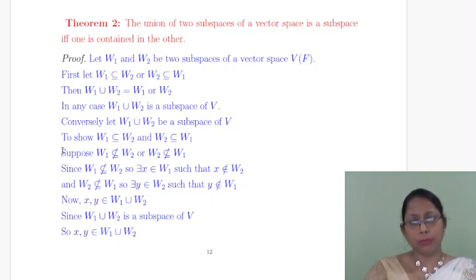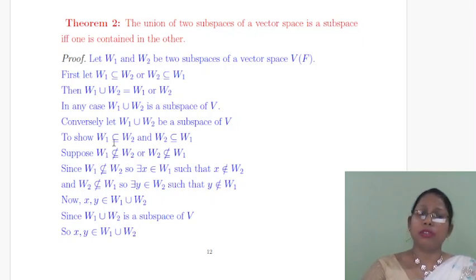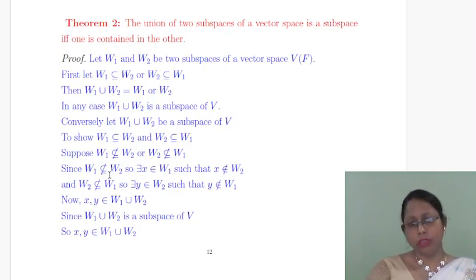To show W1 contained in W2 or W2 contained in W1, we will prove it by contradiction method. That is, first we make a supposition. We suppose that W1 is not contained in W2 and W2 is not contained in W1. Since W1 is not contained in W2, there exists x belongs to W1 such that x does not belong to W2.